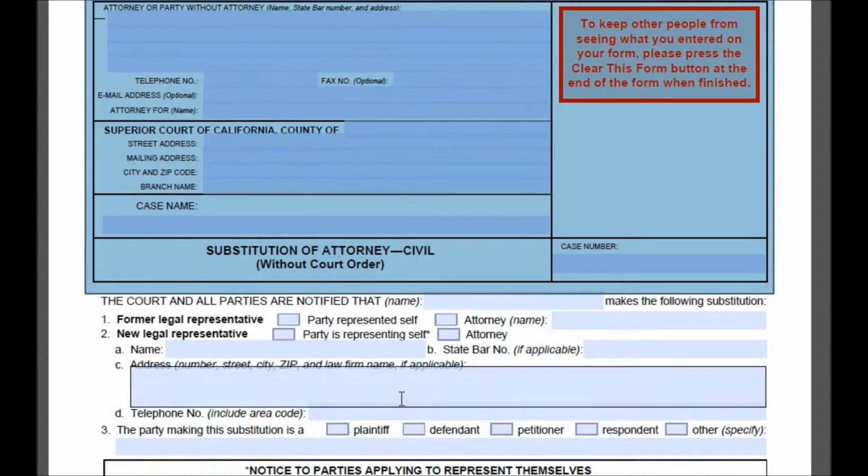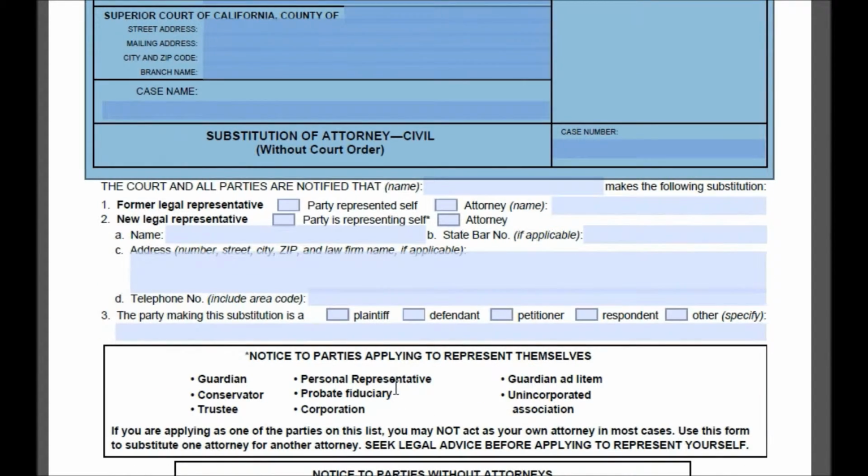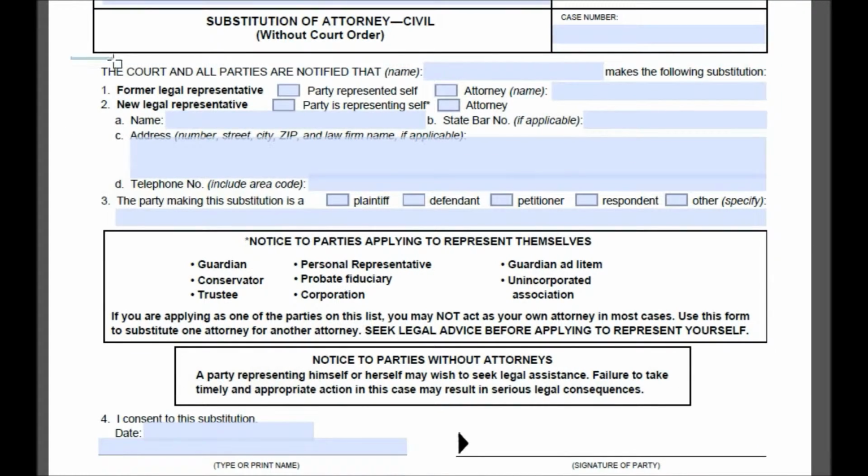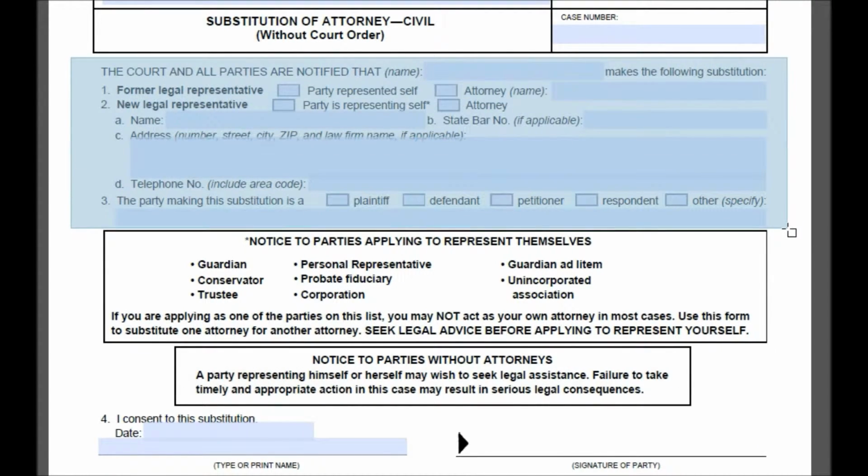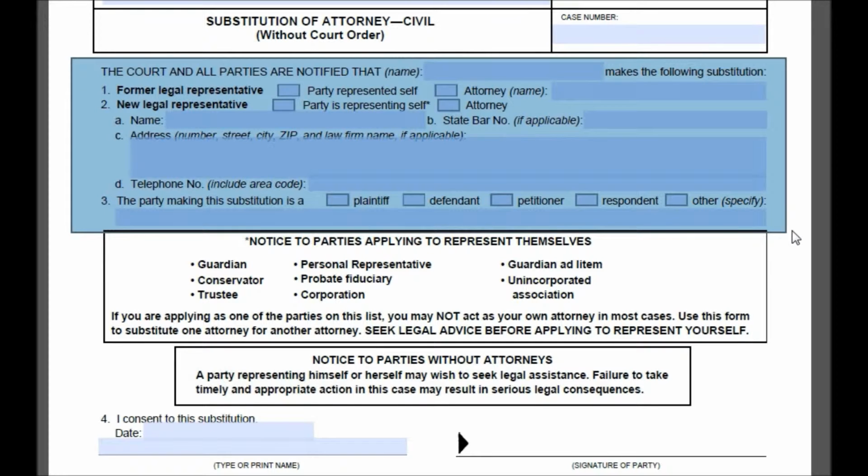This is fairly standard and common to a lot of Judicial Council forms in California. The second part, which we're going to go over, is probably the meat, the real substantive part of the substitution form. Earlier I mentioned three different situations. In general, the substitution process works like this: you have a former legal representative and then a new legal representative.